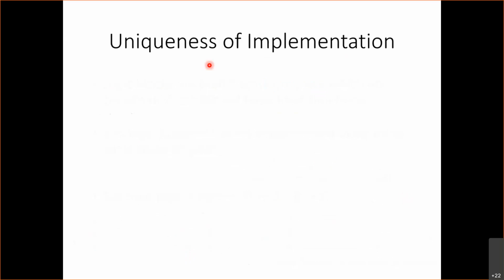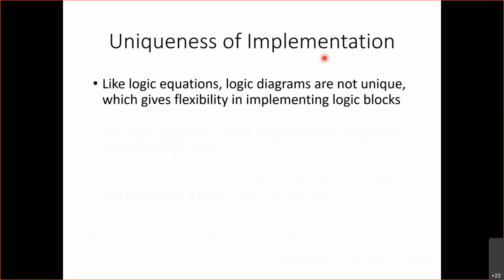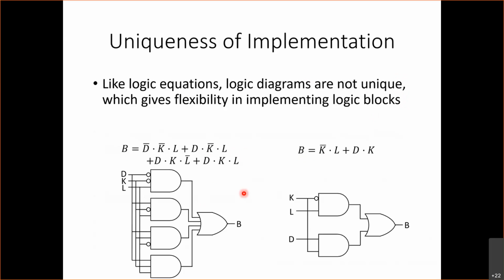So again, we'll visit uniqueness of implementation. Just like logic equations to specify the behavior of a logic block are not unique, logic diagrams are also not unique. In other words, implementations of logic blocks are also not unique, and this gives us flexibility in implementing logic blocks. So for example, if I have these two different equations, each of these equations corresponds to a different logic diagram.